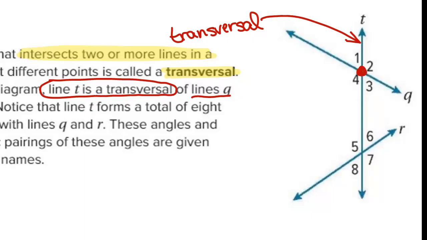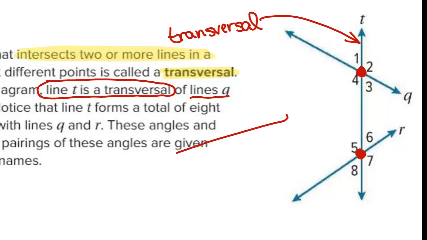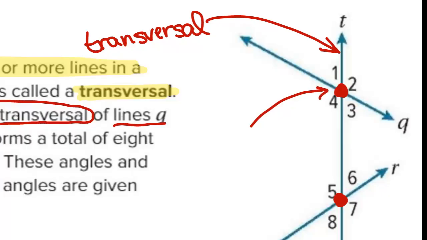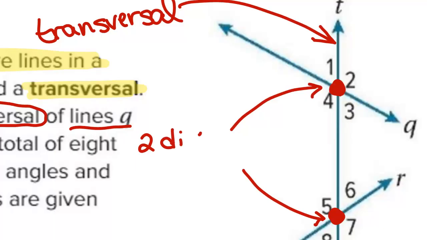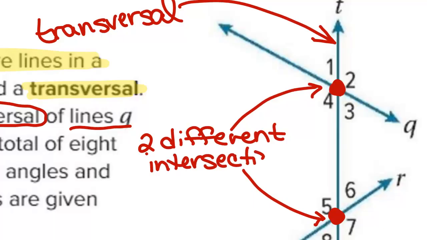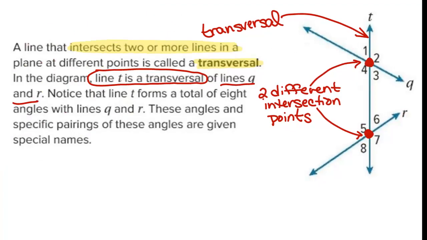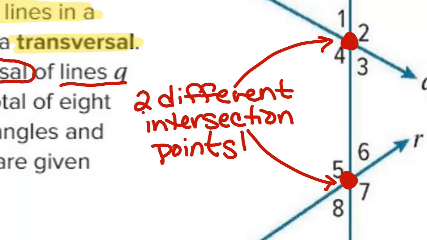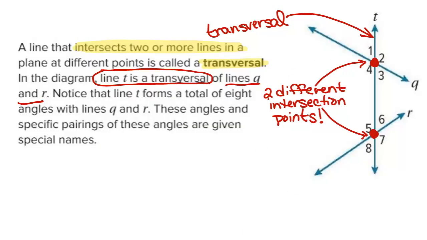Notice we have 2 different points of intersection here. This is how, when I'm looking at my picture, I can figure out which one of these 3 lines is the transversal.